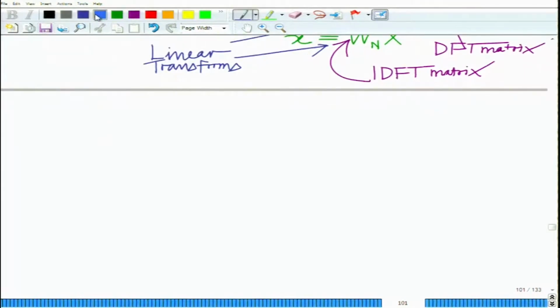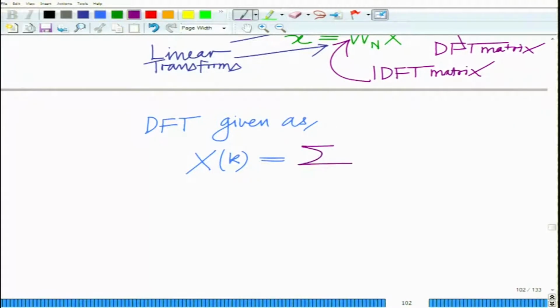Now, realize the DFT is given as the n-point DFT, summation n equal to 0 to n minus 1 of xn times Wn raised to the power kn.